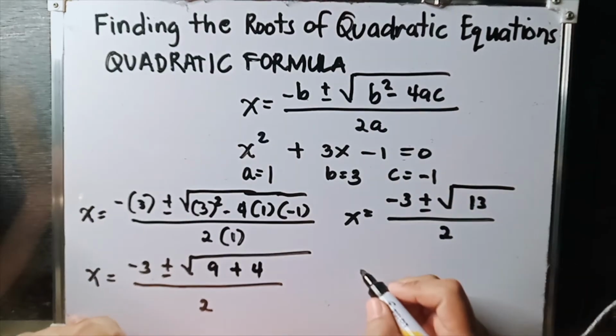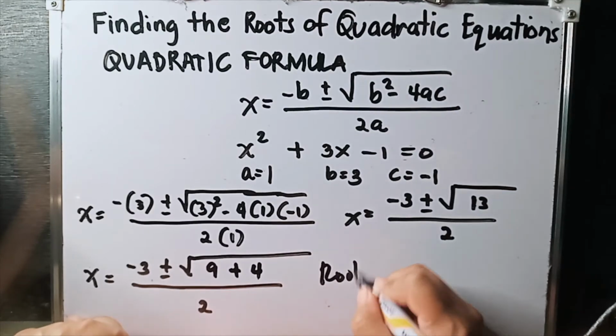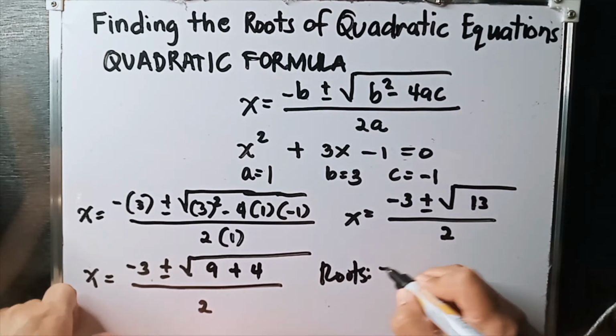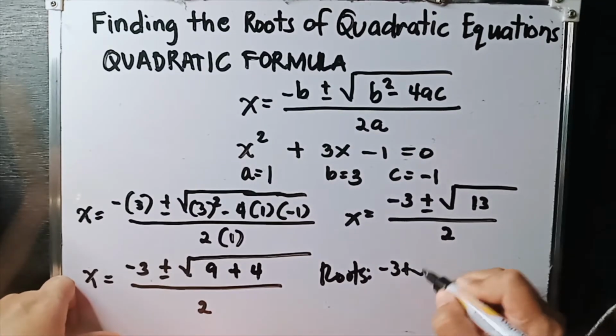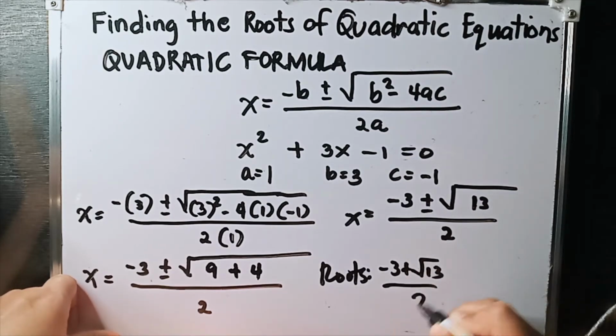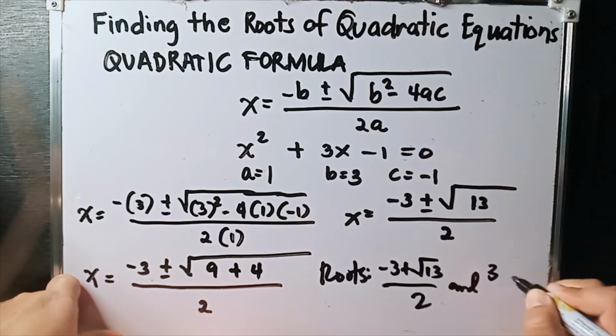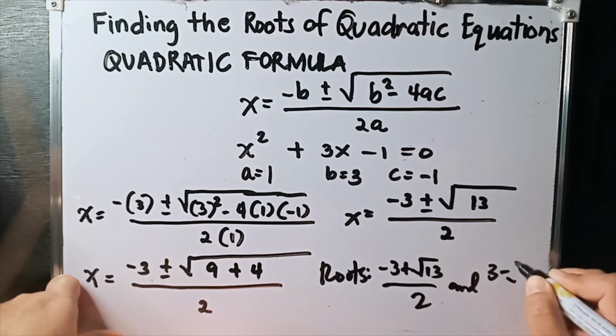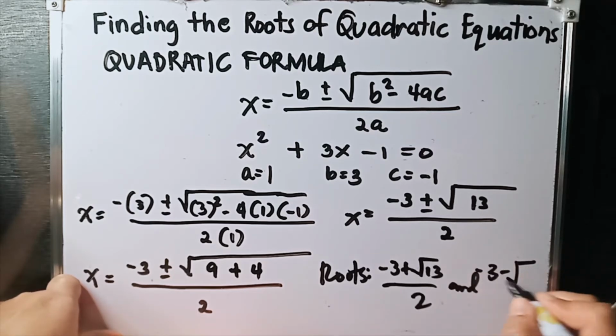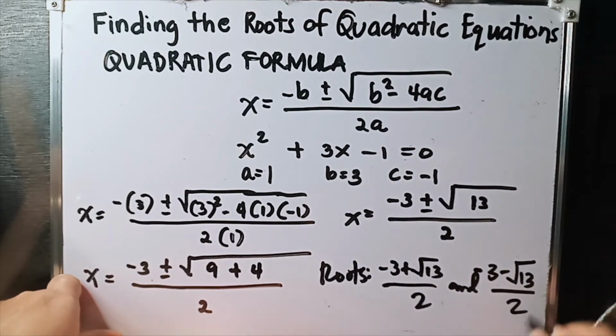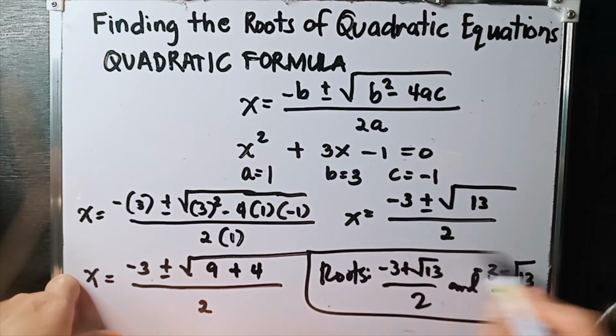So, these are the roots. The roots are negative 3 plus square root of 13 over 2, and negative 3 minus square root of 13 over 2. So these are the roots.